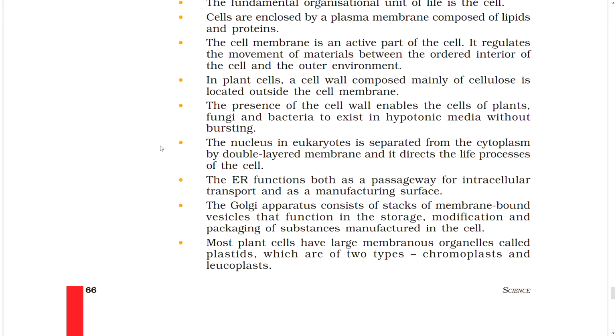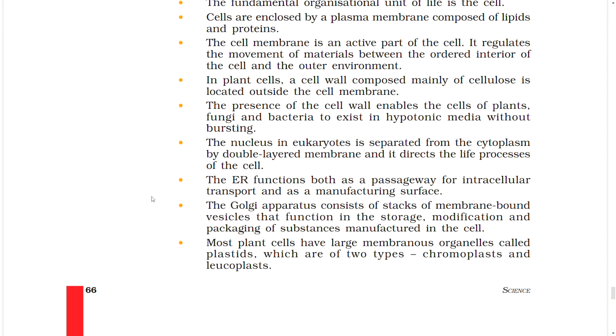the cell. The ER functions both as a passageway of intracellular transport and as a manufacturing surface. The Golgi apparatus consists of stacks of membrane-bound vesicles that function in the storage, modification, and packaging of substances manufactured in the cell.